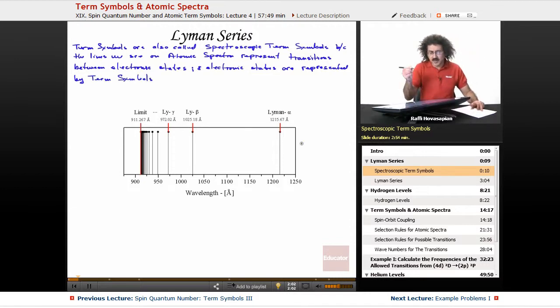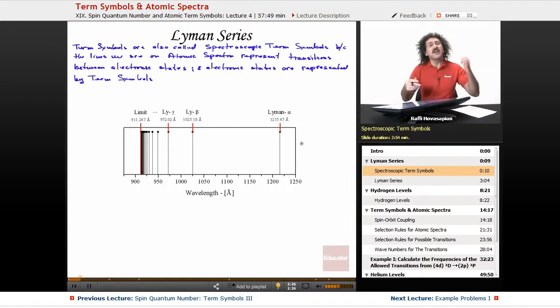Okay, so we've seen spectra like this before. We saw it early on in the course when we were talking about some of the early evidence for the quantum theory. We take an atom, we excite it to a higher energy level, and then the excited electrons fall back down to the ground state.